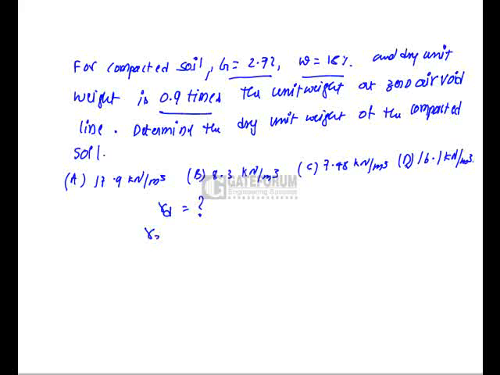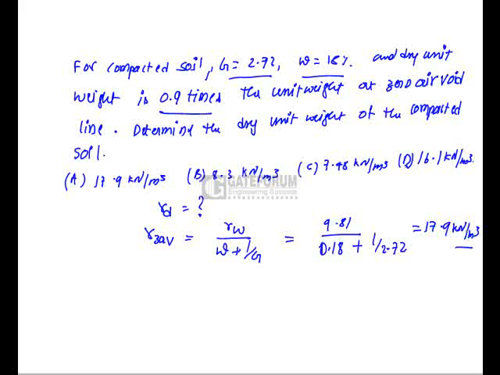We know gamma at the zero air void line is equal to gamma W divided by water content plus inverse of specific gravity, that is equal to 9.81 divided by 0.18 plus 1 by 2.72, that is equal to 17.9 kilonewton per cubic meter.